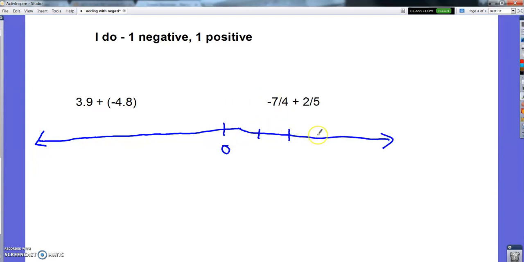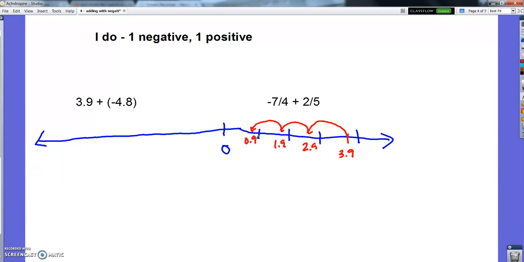1, 2, 3, 4. And so I'm starting at 3 9/10, and I'm going to go 4 8/10 in the negative direction. So 1 is going to put me there. 2 is going to put me there. 3 is going to put me there.